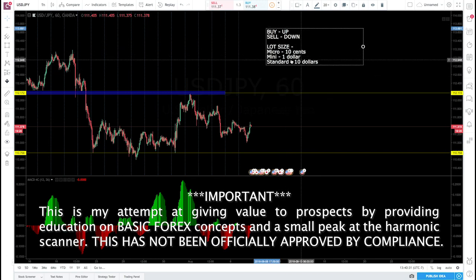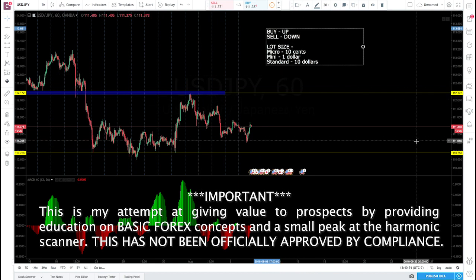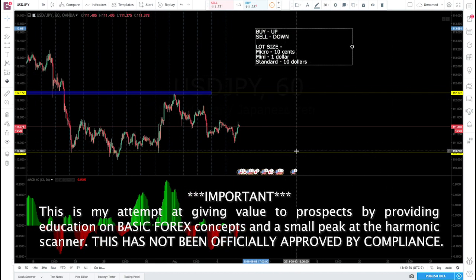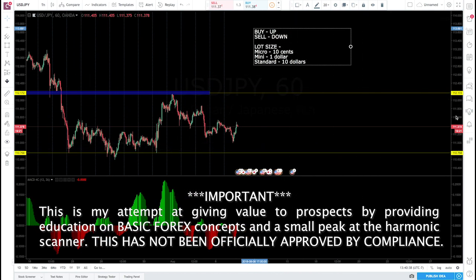Now, price. One of the things that's important for us to understand is that when we are looking at price and talking about price movement, we don't describe that in dollars and euros and yen. We don't say that it rose $10, it went down $7. We don't say that it dropped 10 euros or it went up 10 euros. We actually use a different word.